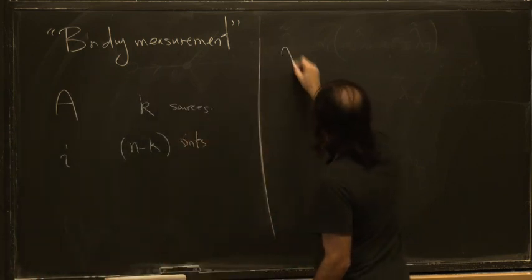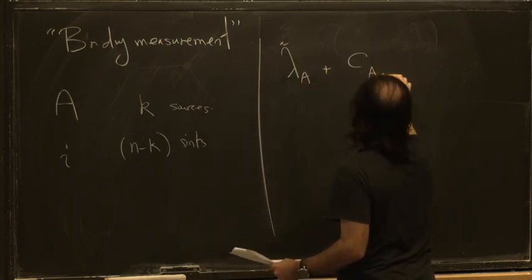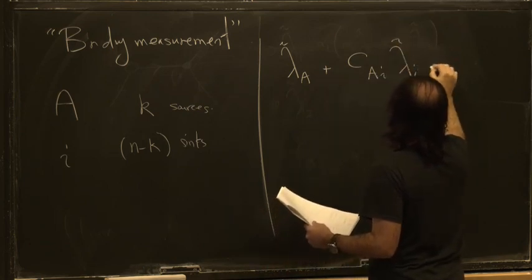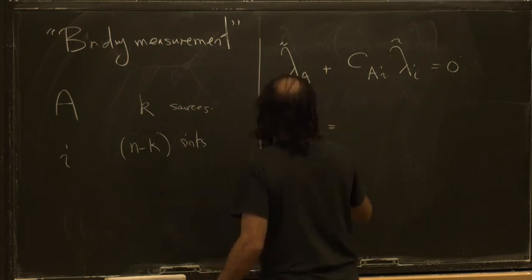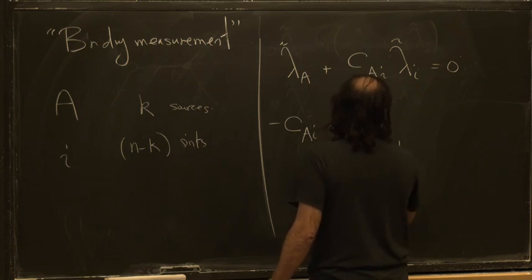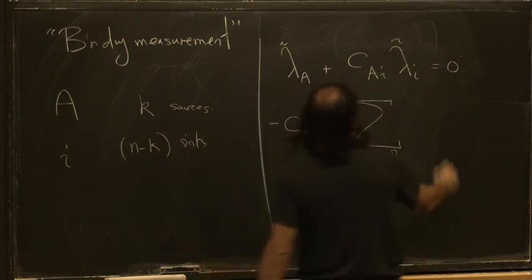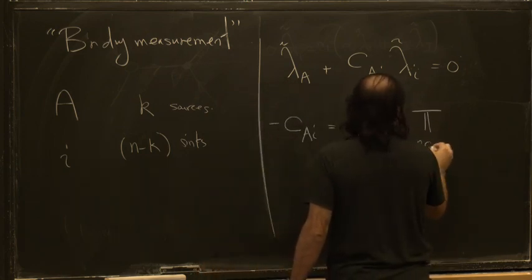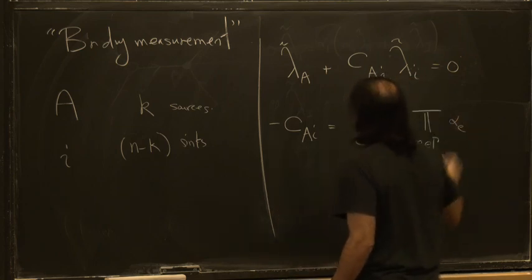then I get a formula that says lambda tilde A plus C_AI lambda tilde I equals 0, where negative C_AI is equal to the sum over all the paths gamma from A to I of the product over all the edges in gamma of alpha edge.